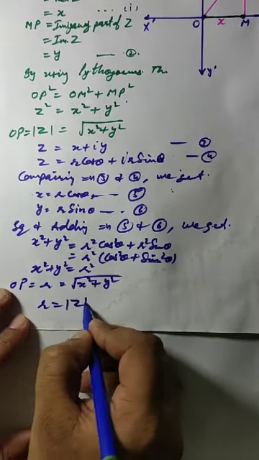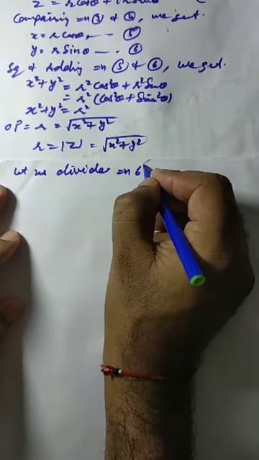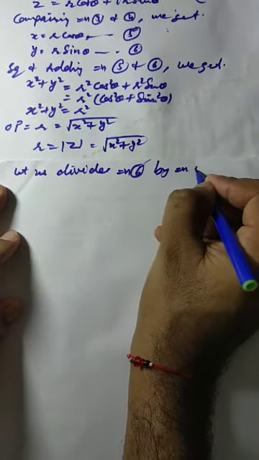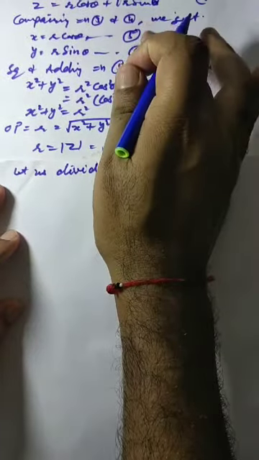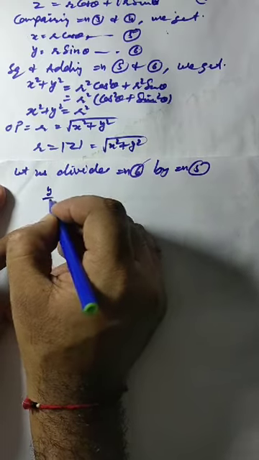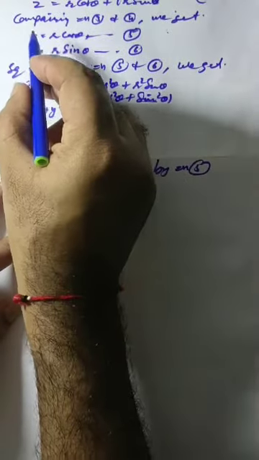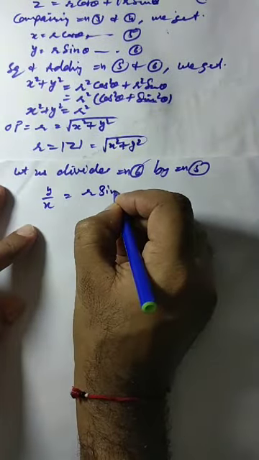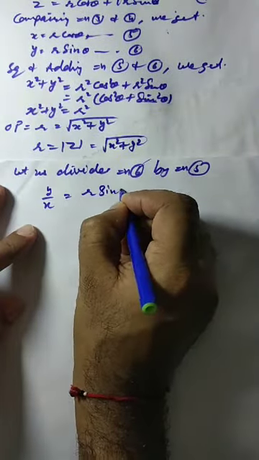Now to find the amplitude or the argument of the complex number, let us divide equation 6 by equation 5. We can see here equation number 6 and 5. So this will become y upon x, y upon x will be r sin theta divided by r cos theta.